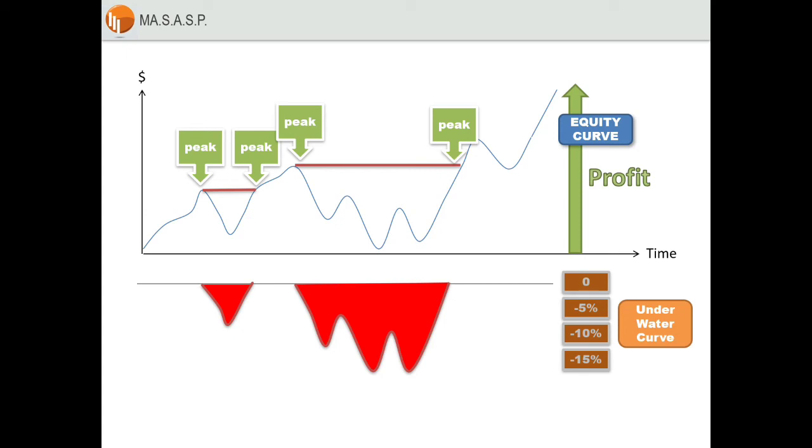It will be referred to as the maximum historical drawdown. That can be regarded as a risk metric of our trading system.